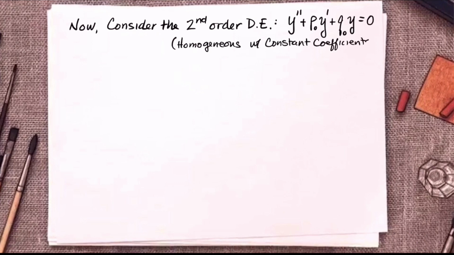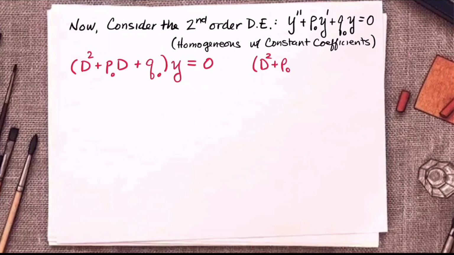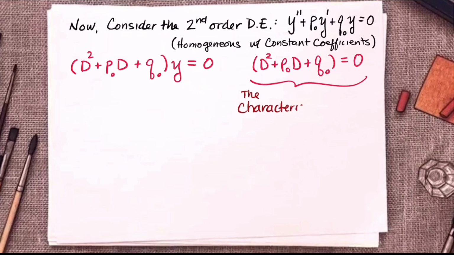One might try to take this and factor out a differential operator expression. And with this D squared plus p times D plus q equals 0, this equation is known as the characteristic equation, or sometimes known as the auxiliary equation.